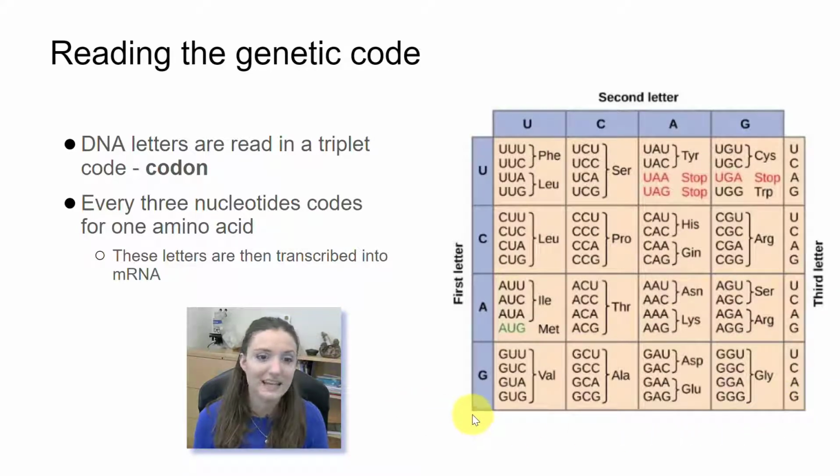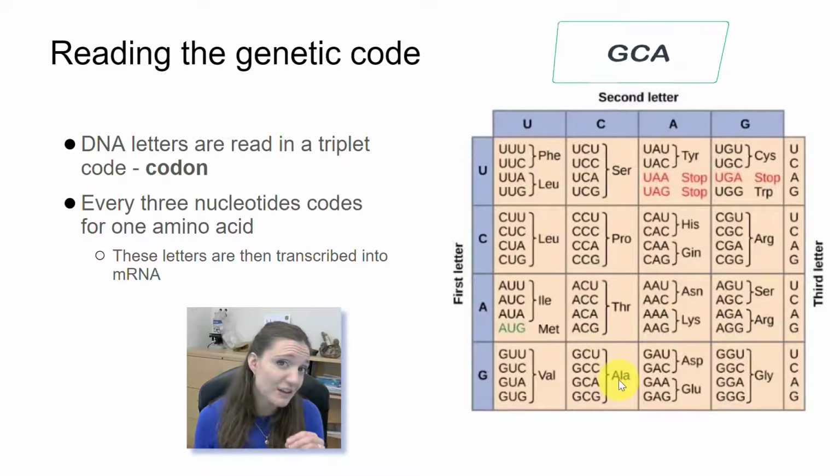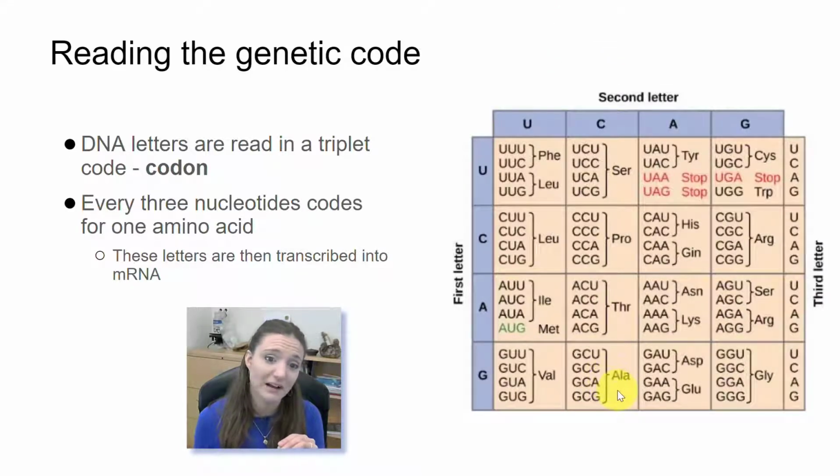So let's say we have the nucleotide sequence of GCA. Let's say GCA is our nucleotide sequence. So here's G. Go along here till we find C. And A is right there, right? So those three nucleotides in mRNA, GCA, tell us that at that location in that protein, we should have this amino acid.